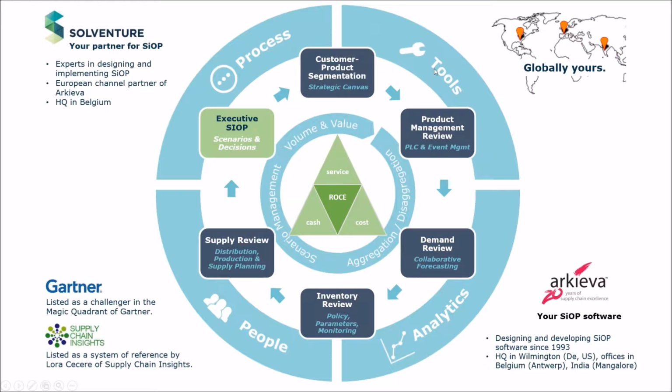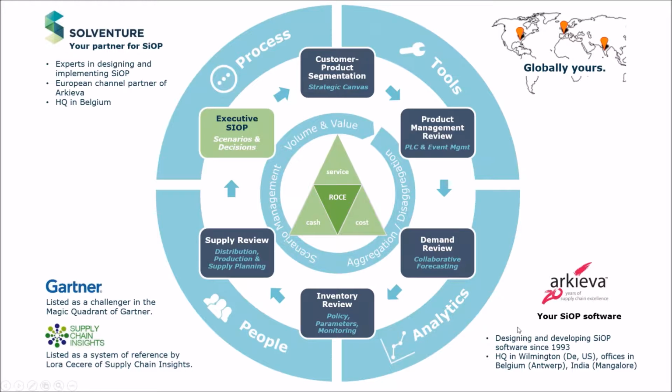So we have the process knowledge, we have good tooling, the Arqiva tooling. We combine it with analytics capabilities. If you talk about S&OP, take demand planning, you have something like statistical forecasting. Take inventory optimization, you have something like statistical inventory modeling. If you look at supply planning, you have things like the use of linear programming in defining an optimal plan.